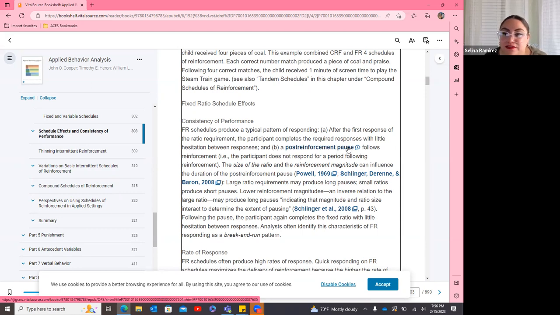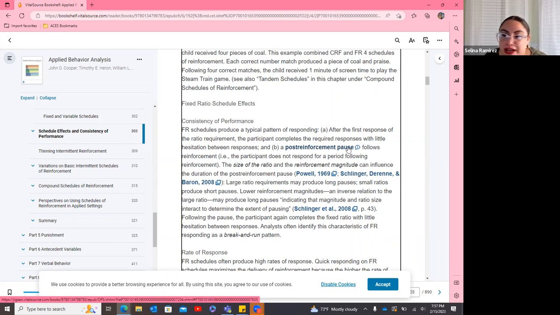So the size of the ratio and the reinforcement magnitude can influence the duration of the post-reinforcement pause. A large ratio requirement may produce long pauses. Small ratio produces short pauses.